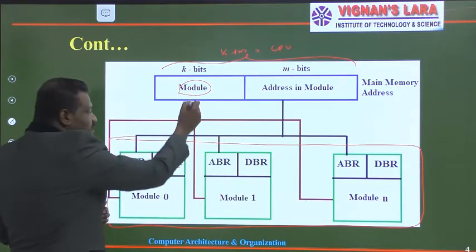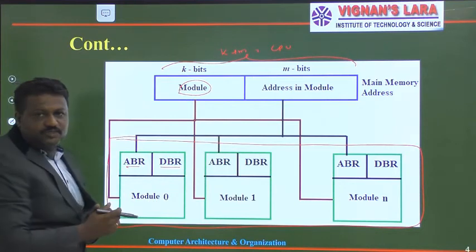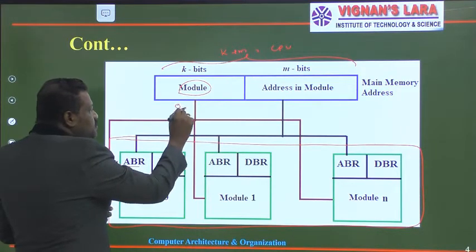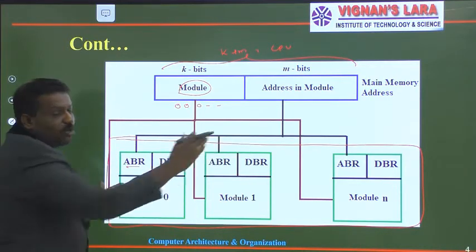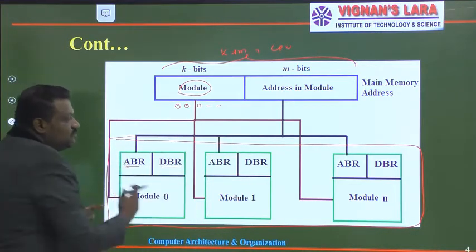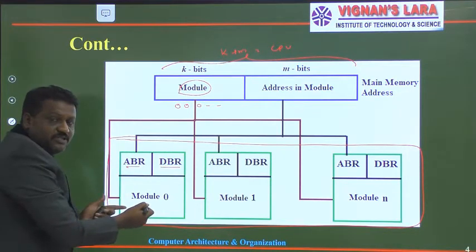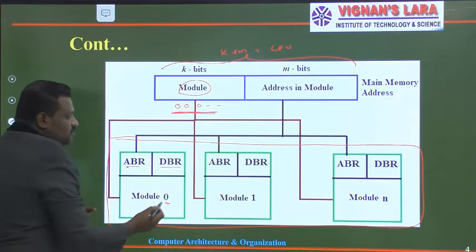These bits are applied in parallel to all the modules. For example, here I have placed 0, 0, 0, 0. All these bits are 0, and that can be received by all these modules. But out of these modules, only this particular module is activated, because this particular zeros is equivalent to 0.